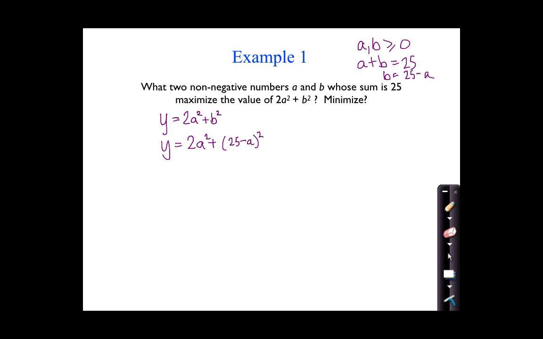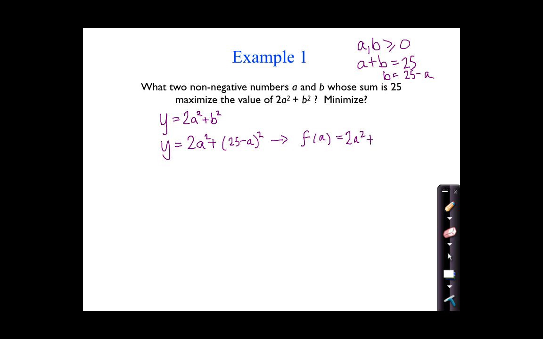Agreed that's equivalent based on the fact about a and b's relationship? Now I could write f of a equals this, now that it's all one variable, if I want to use fancy function notation. It's a function of a, an independent variable, but if I know a, I can find b even though it's no longer involved directly.